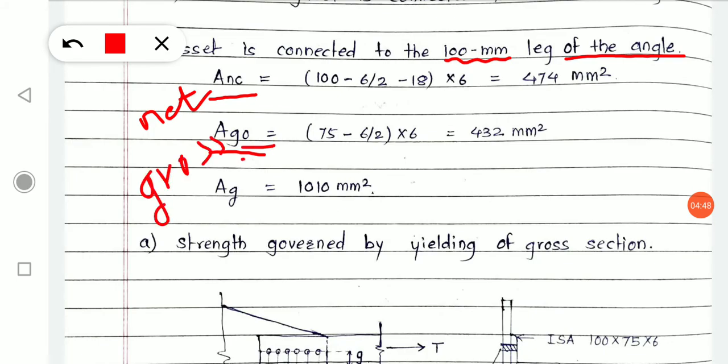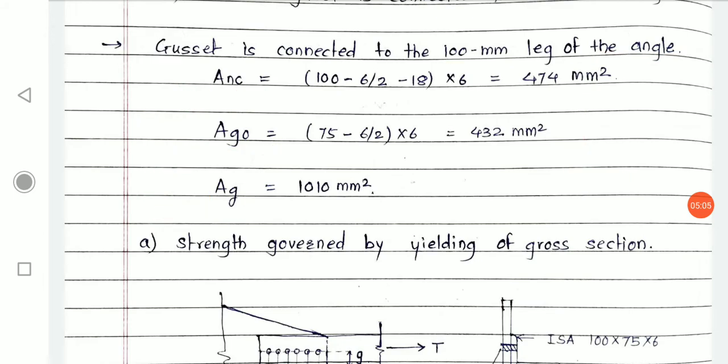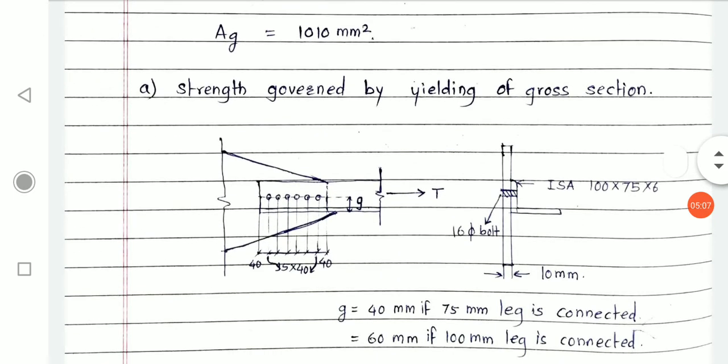Gross area is calculated for the outstanding leg, net connected area is calculated for the one leg which is connected to the gusset plate, and this is telling us the gross area. Gross area is nothing but the whole area of that angle without any hole.